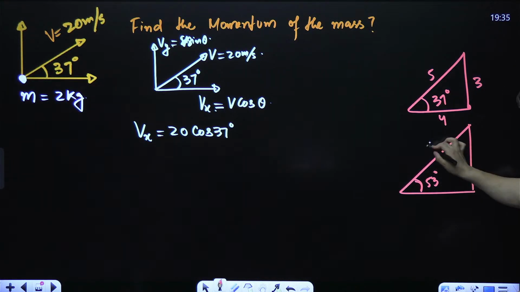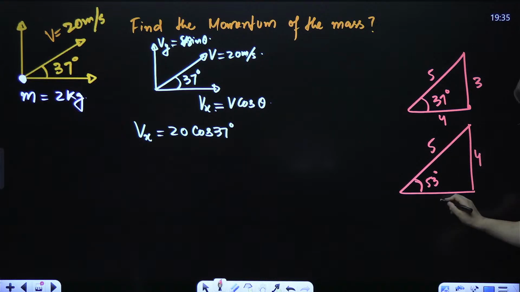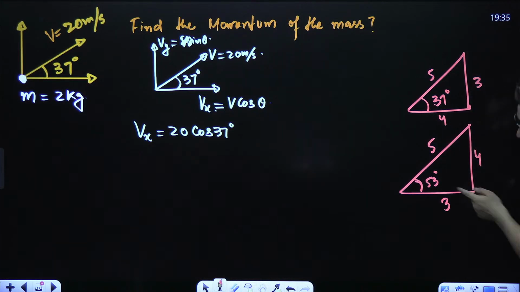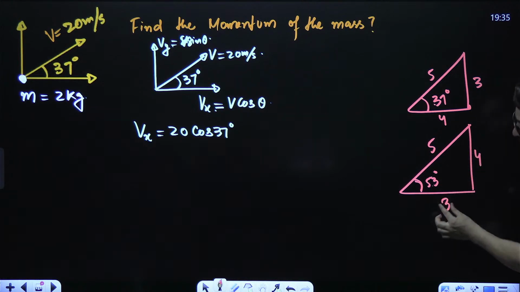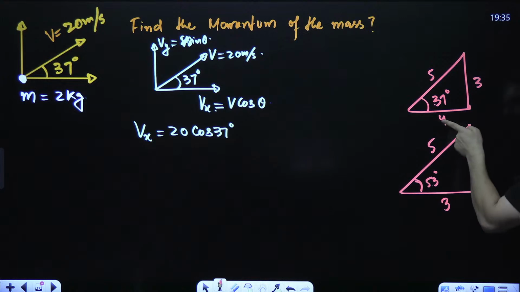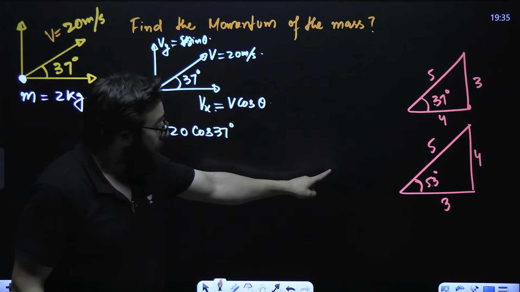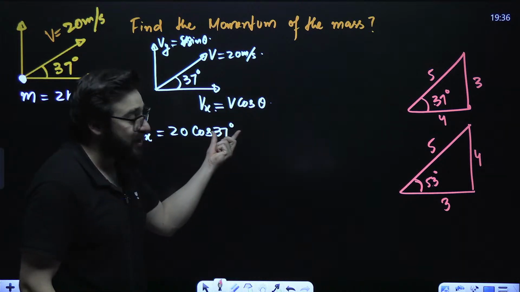And here this is 5, this is 4 and this is 3. Compare this and this. 37 is smaller. In front of the smaller angle you have the smaller side, in front of the bigger angle you have the bigger side. Here is 4 and here will be 3. In this case, here is 3, here is 4. 5 will be the same. Now tell me in this case, what is the value of cos 37?